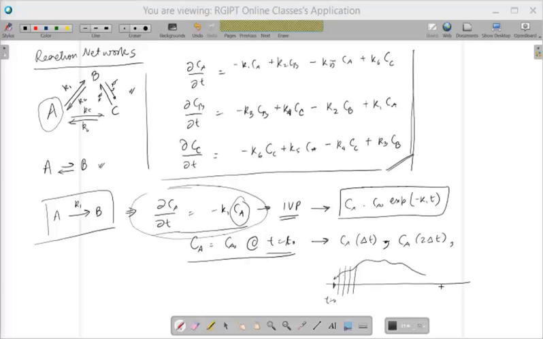You can get your CA dependence on time. You proceed a little bit in delta t, and keep on finding CA at each next point in time. That way you numerically integrate the equation.